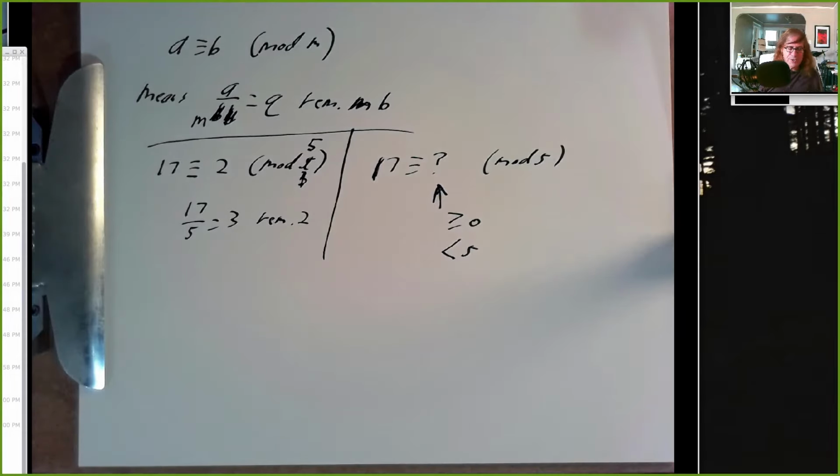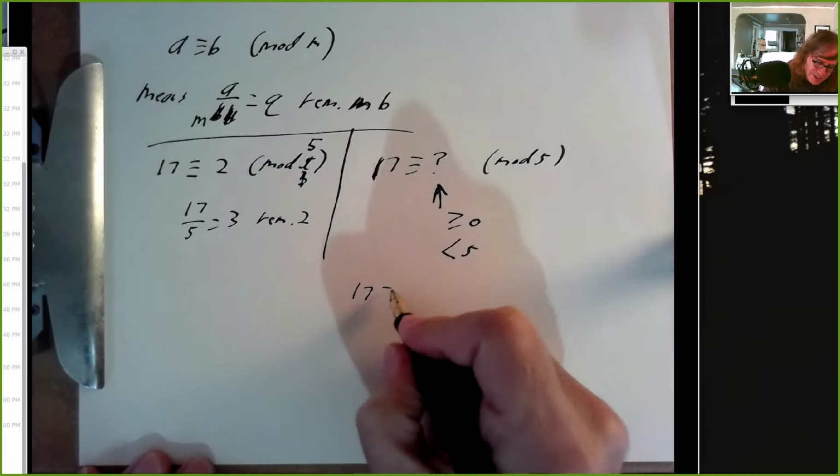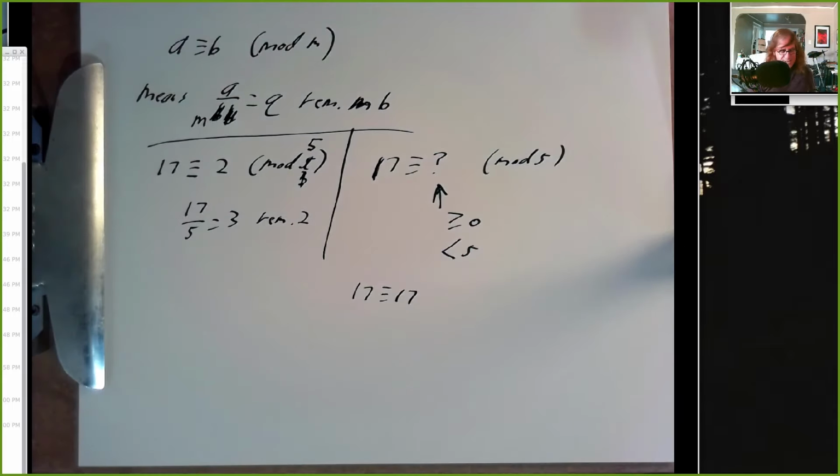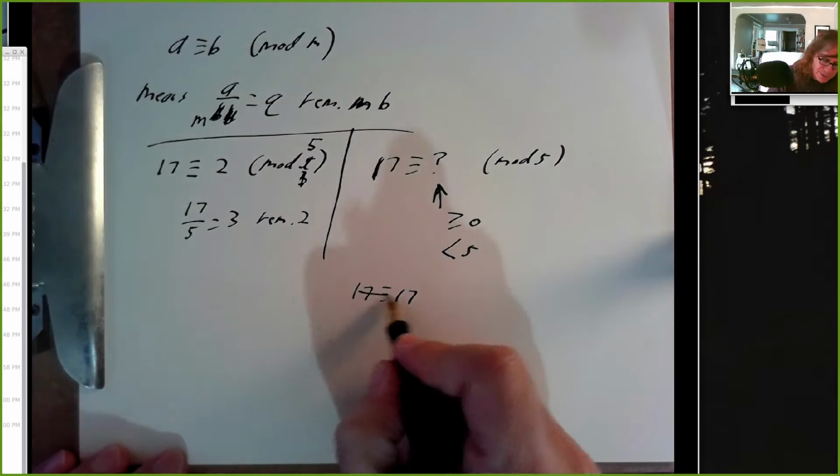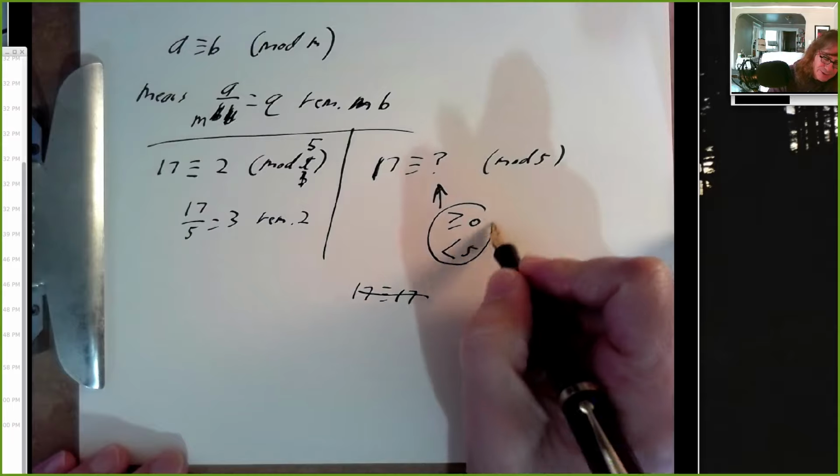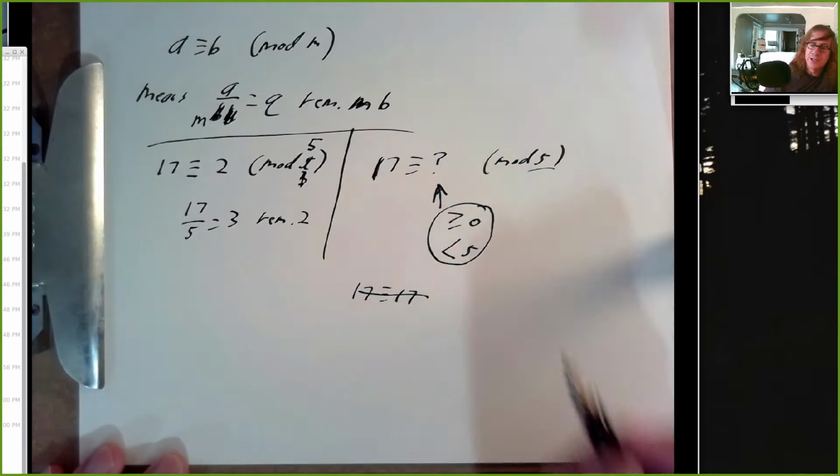If we don't constrain it, I could say 17 is congruent to 17. And that's absolutely true. Right? 17 divided by 5 is 0 with 17 left over. But that's clearly not terribly interesting in most cases. Okay? So we're looking for a number in general bigger than or equal to 0 and less than the modulus.